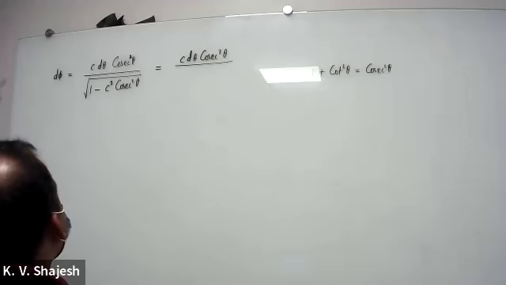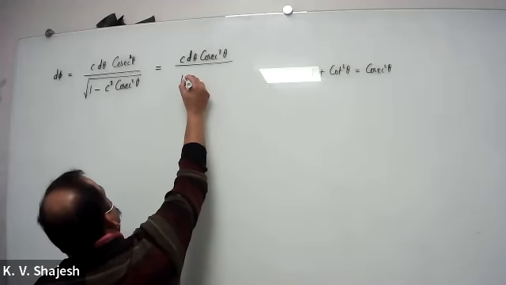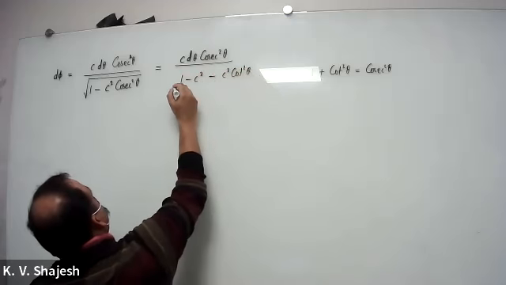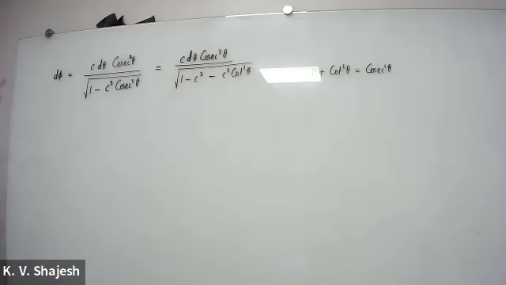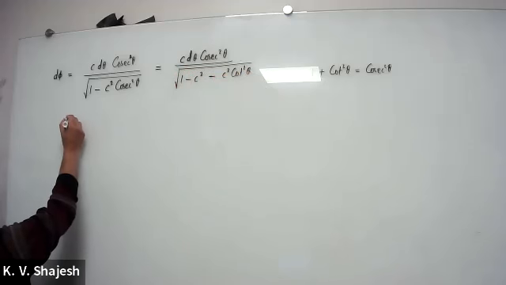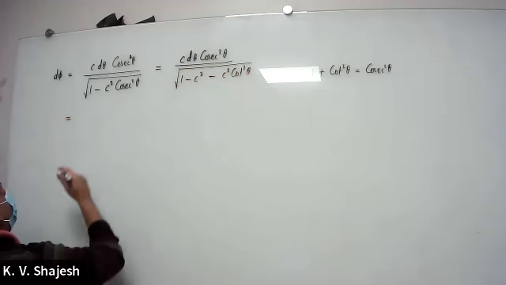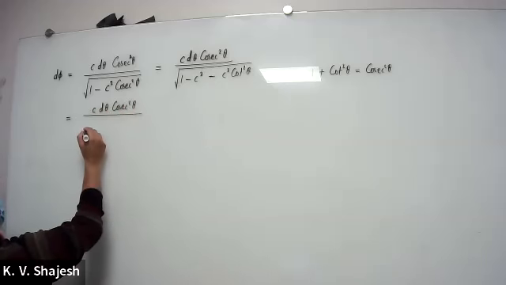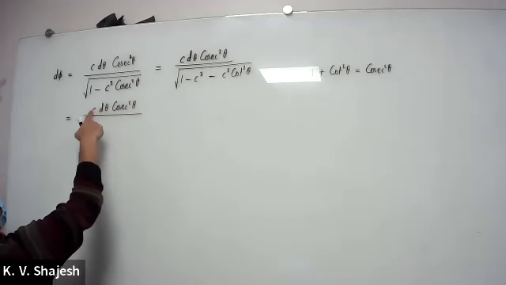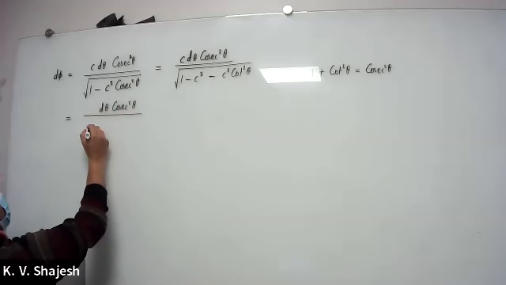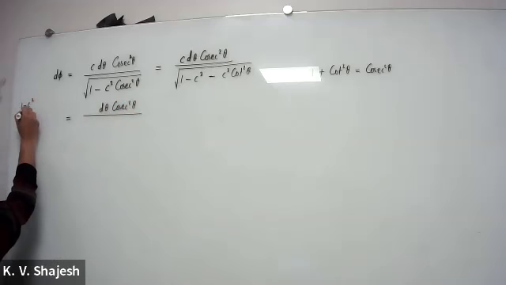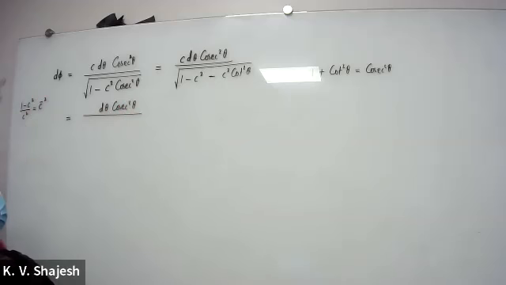So this is equal to 1 minus c square minus c square cotangent square, which is the same as c d theta cosecant square theta divided by, a lot of c that cancels out, and define 1 minus c square over c square as c bar square. Sure. Okay.